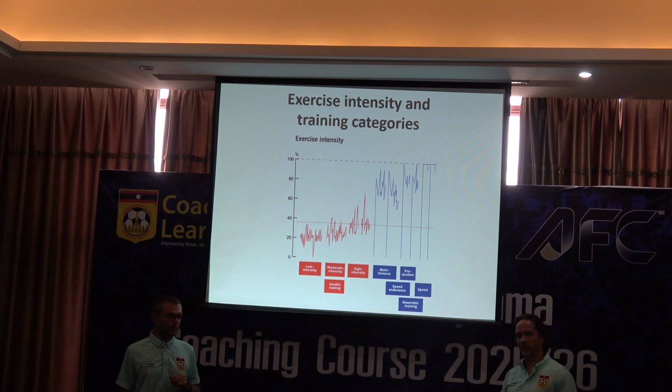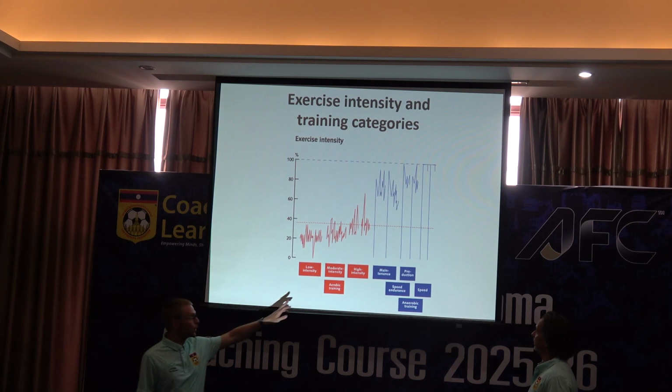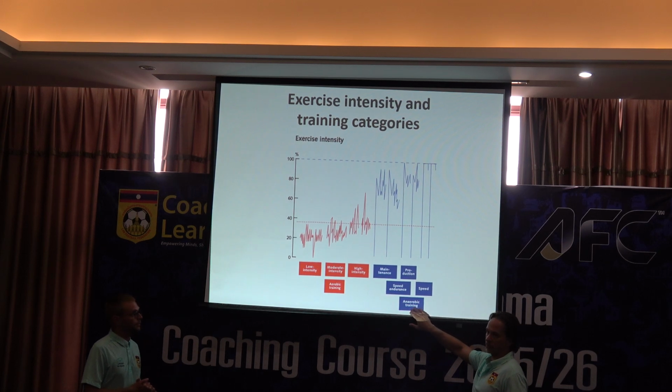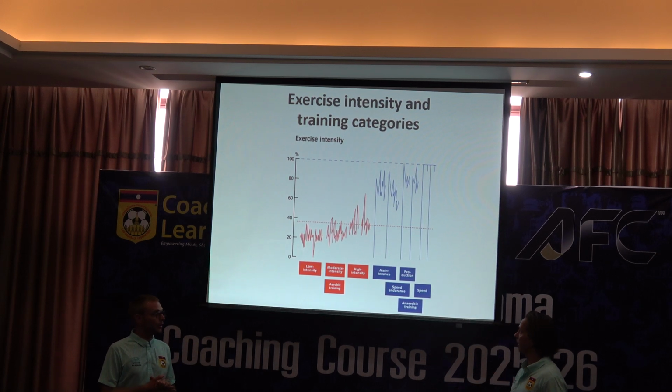When sprinting it is 100%, but aerobic training at the highest intensity does not reach 60%. Then we have the anaerobic training.